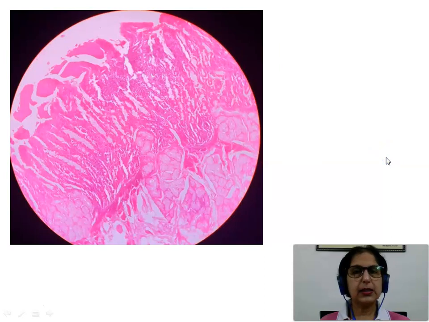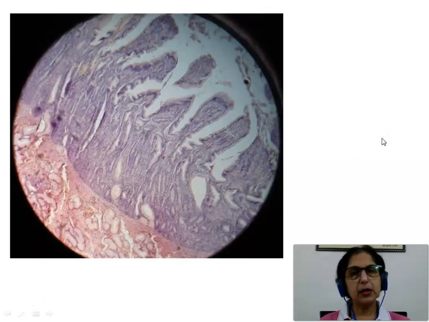This is a low power field view of histology of the duodenum. Here we see the mucosa, tongue-shaped villi. In the lower part we see the crypts of Lieberkühn, muscularis mucosae, and submucosa showing the Brunner's glands.